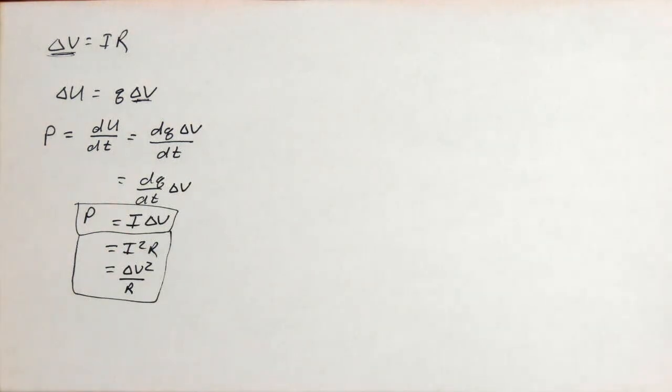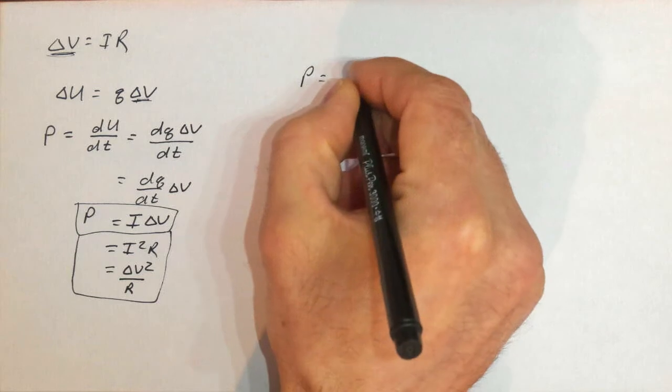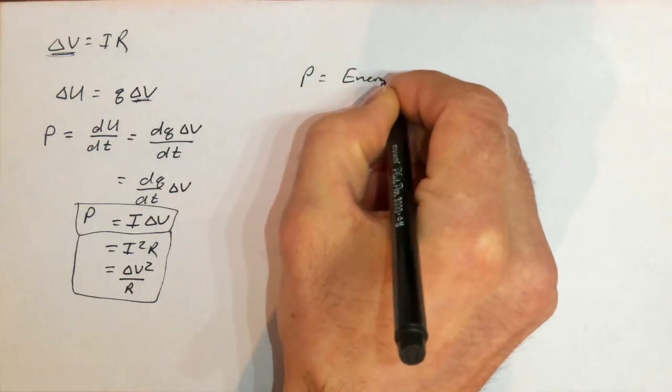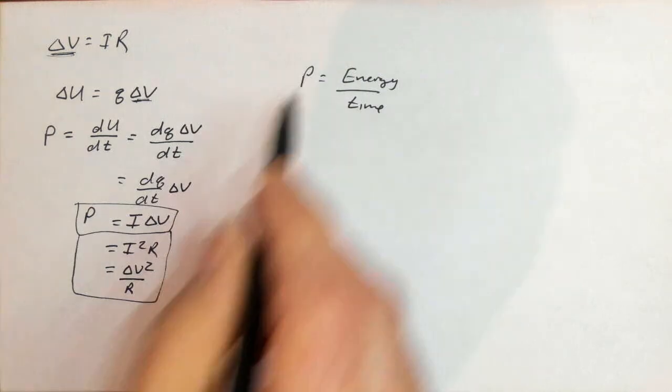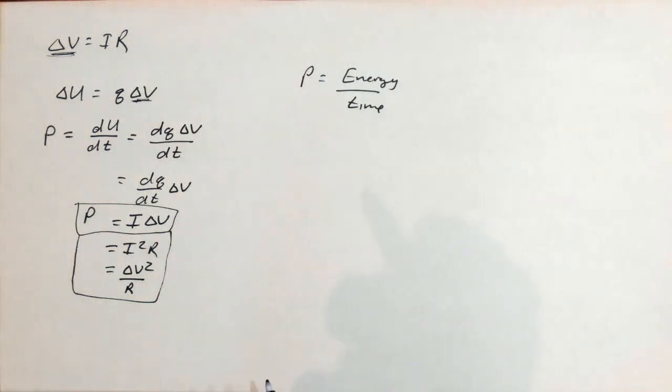Now, the unit for power is watts, joules per second, but there's a really unique power unit or energy unit used in the United States called the kilowatt hour. If you buy energy in the United States, you buy it in terms of numbers of kilowatt hours. Now, remembering that power is energy per time, and power is measured in watts, a kilowatt would be an energy per time.